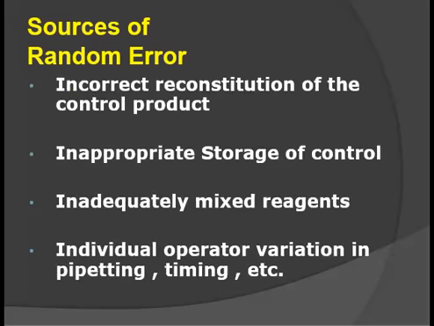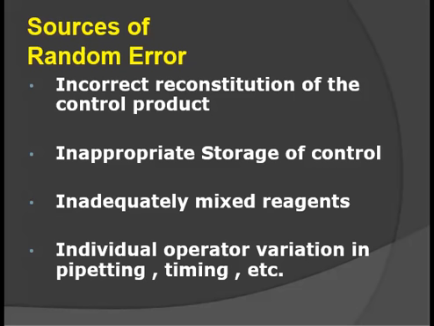What else? Incorrect reconstitution. Like for example, instead of NSS to reconstitute the control product, the Medtech used water. So, you should really read the instructions for reconstitution. What else? Inappropriate storage of control. Like I said earlier, the Medtech forgot to freeze it when it should be frozen. Inadequately mixed reagents.